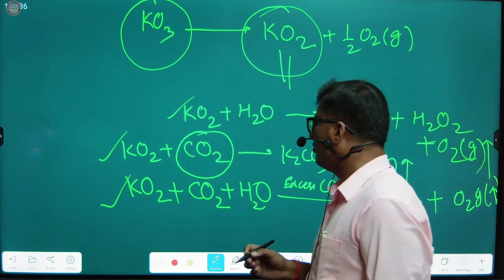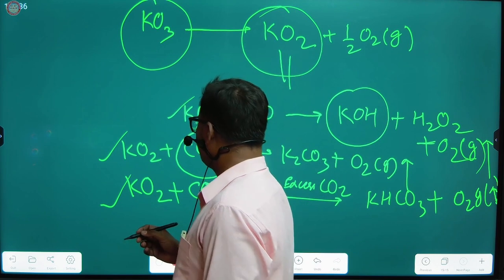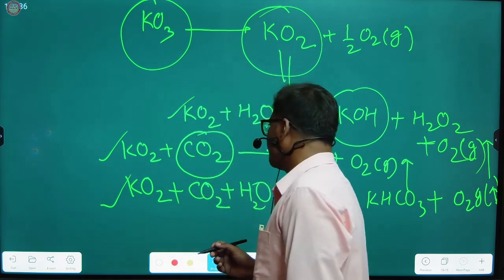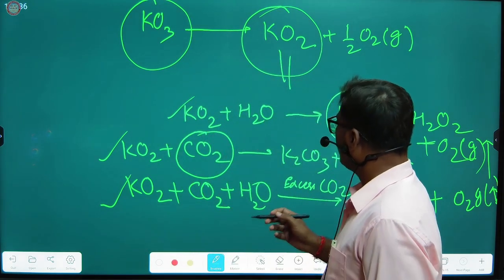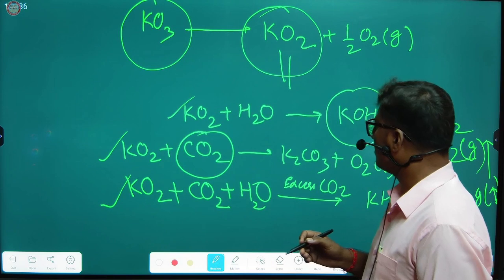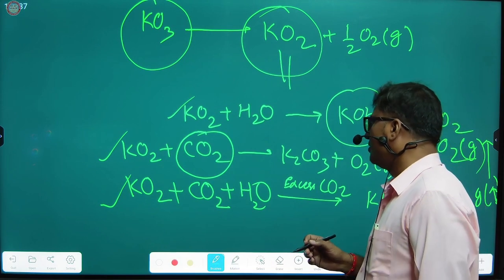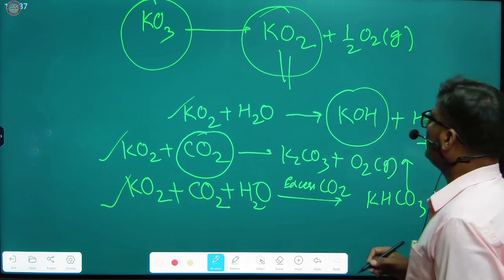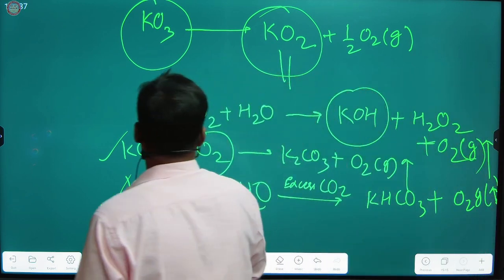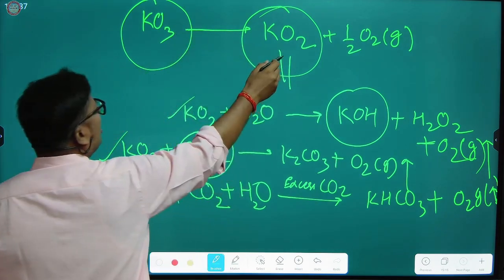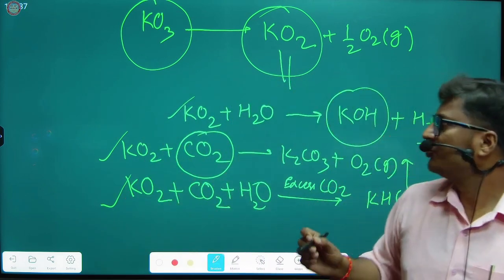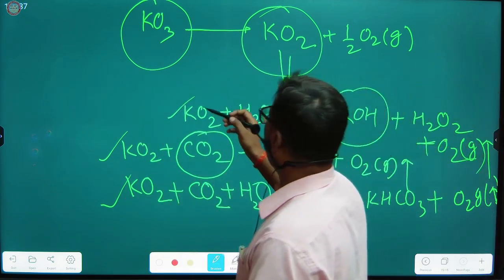Firefighters or other persons who go into aerospace also carry superoxide apparatus to regenerate oxygen. So this is the beauty of potassium superoxide, which is produced through the decomposition of potassium ozonide, right?